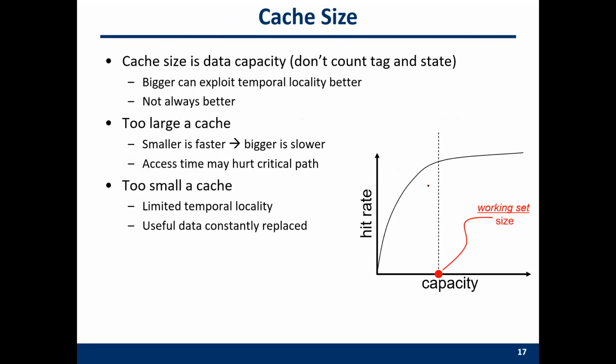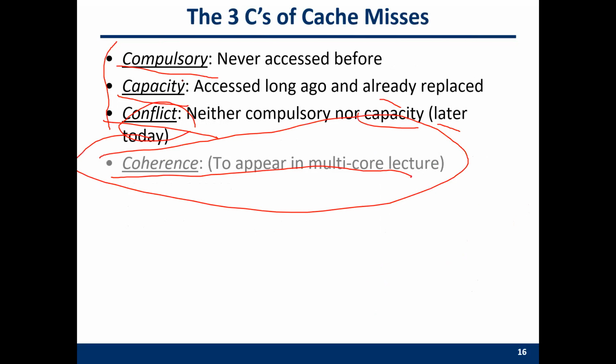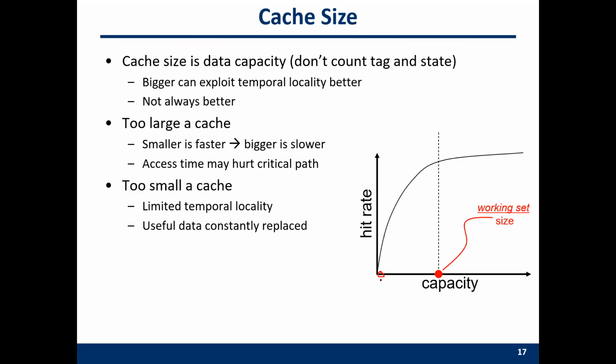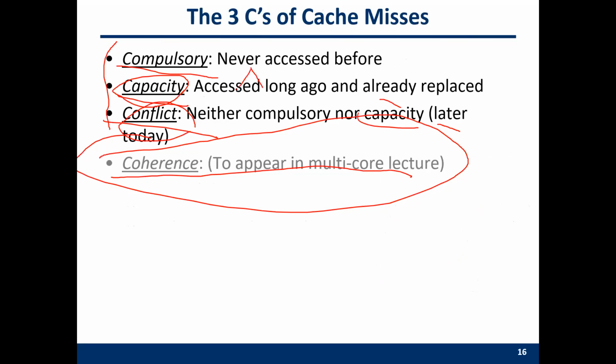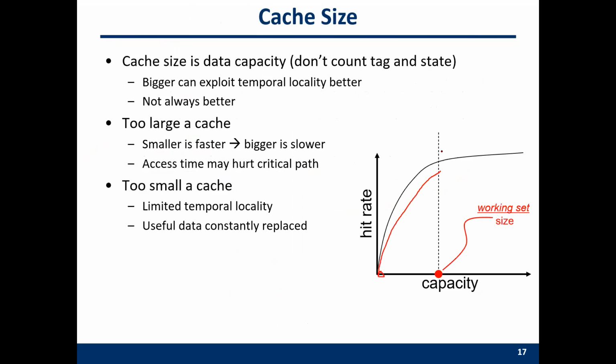The cache size is very important. The y-axis here is the hit rate. The x-axis here is the capacity. We can see that if we have a very small cache size, the hit rate will not be high because we have a lot of capacity misses. When we enlarge this capacity, we can reduce this type of misses, and then the hit rate will go up.